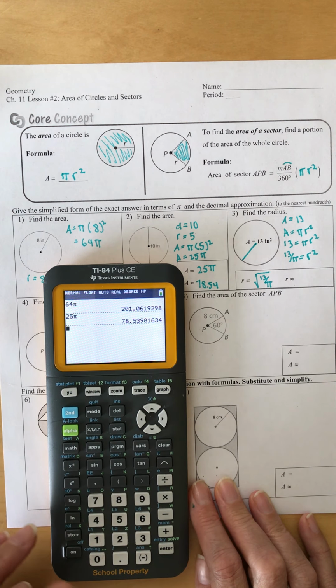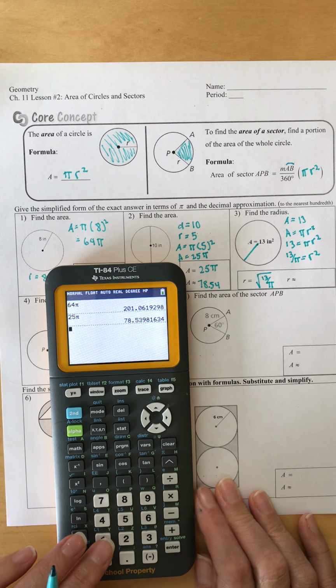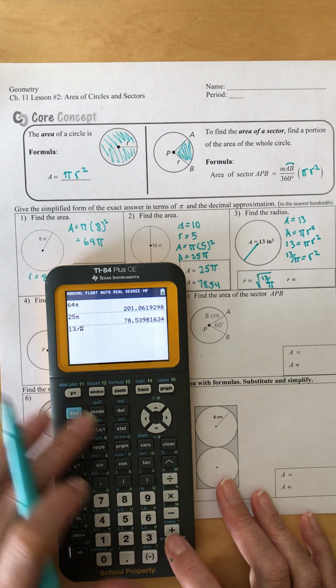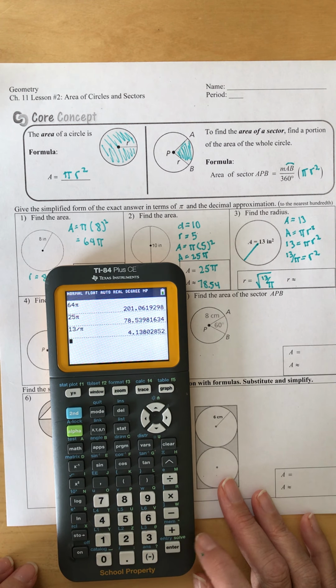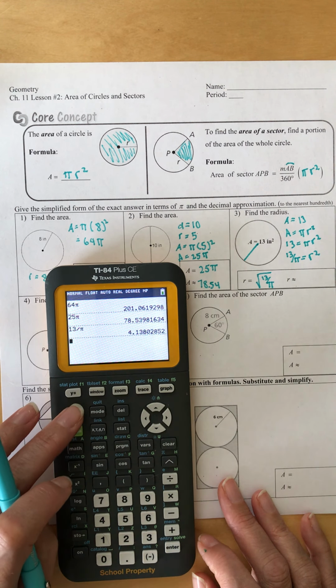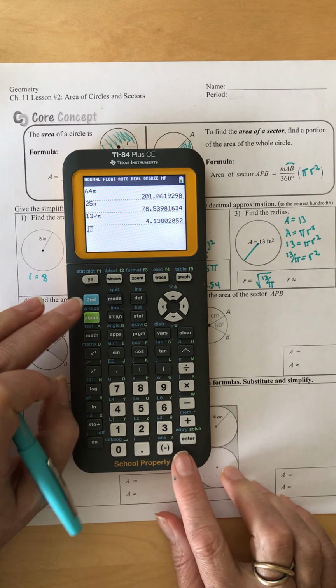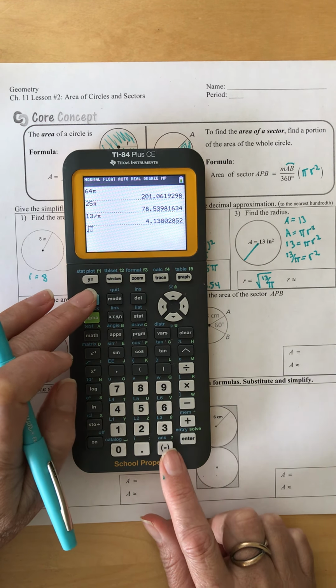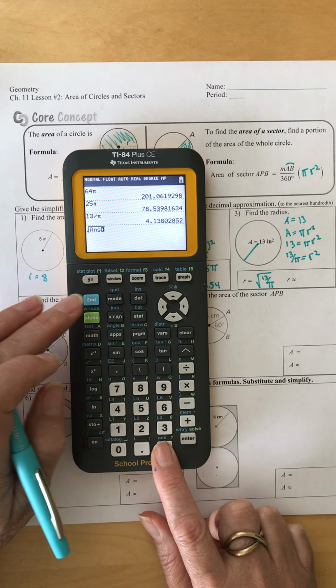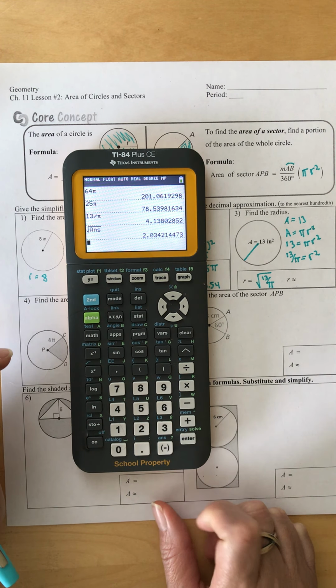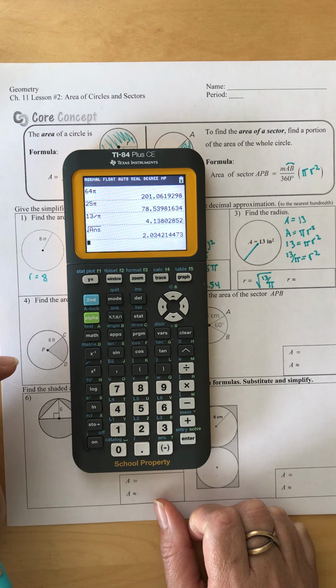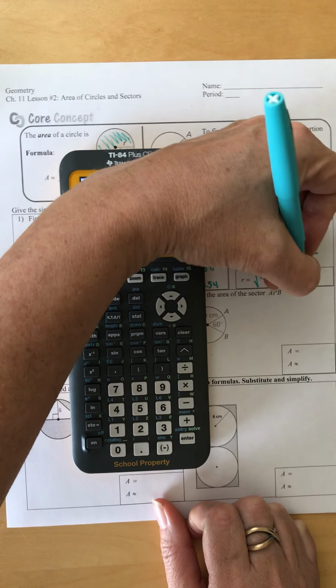You could do 13 divided by pi and get that number, and then take the square root of your previous answer. On this calculator you do second answer. And so the answer is 2.03.